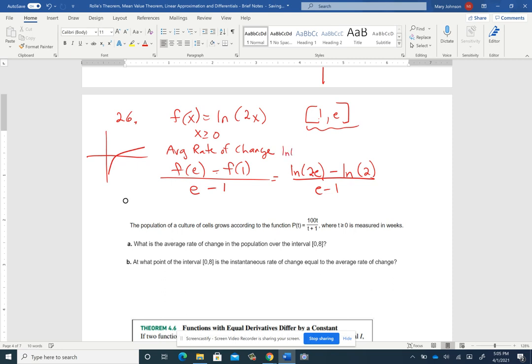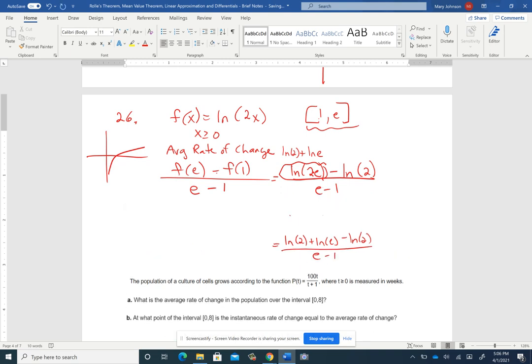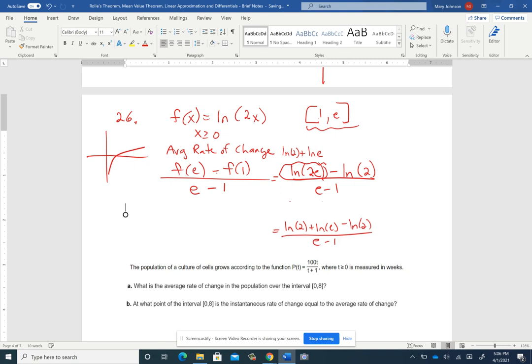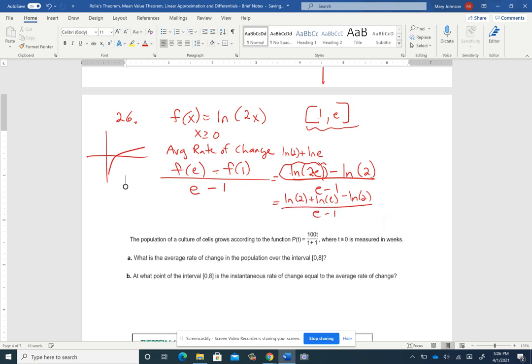So natural log of 2 plus natural log of e is what that ln of 2e could be changed into. That's kind of why I'm using this as an example, because you don't have a lot of experience with these types.